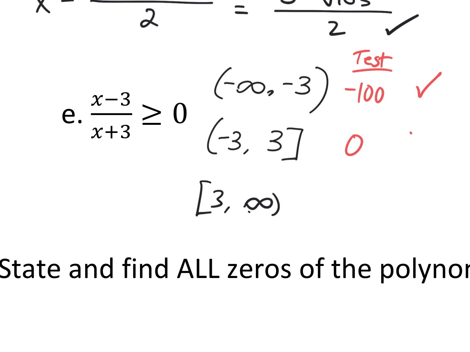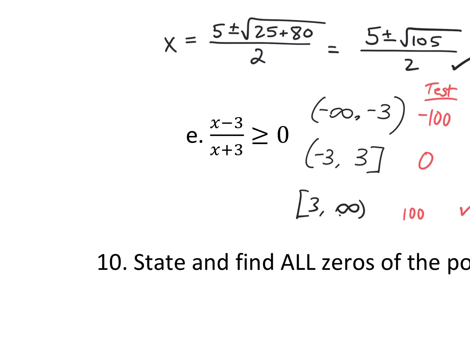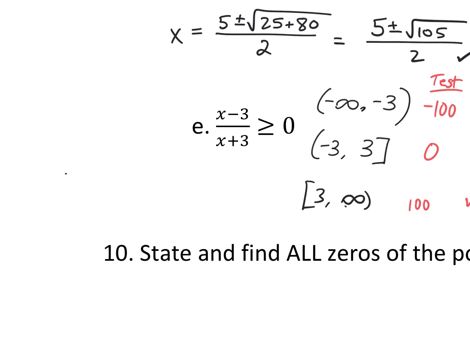That's not a positive number, so that doesn't work. And then I'm going to go ahead and test another value, let's say +100. That's going to give me a positive divided by a positive, so that works. So when I write my answer for this particular problem, I'm going to include both of those intervals that worked. So that was -∞ to -3 in union with +3 to infinity.